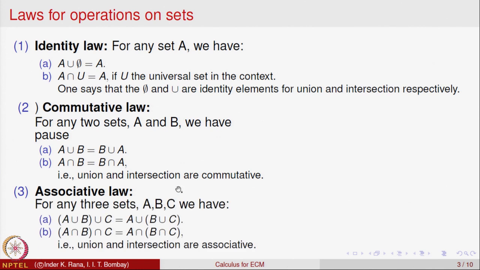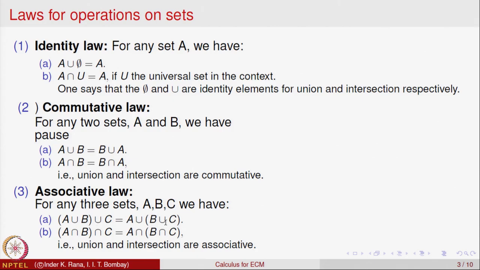Associativity law says that you can perform operations of union or intersection in any order, you will get the same result. That means, if you are given three sets A, B and C, then you take A and B and take their union. So, you will get a new set and take its union with C, then it is same as first take B and C, take their union.